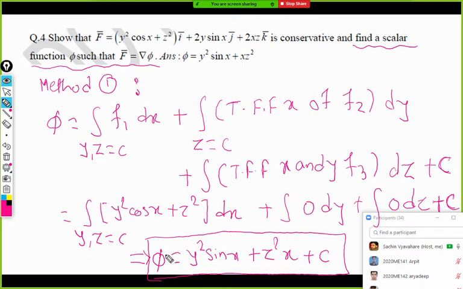If you calculate the gradient of this function phi, del phi, you will get this f bar. Calculate dou phi by dou x, you get f1. Dou phi by dou y gives f2, and dou phi by dou z gives f3.